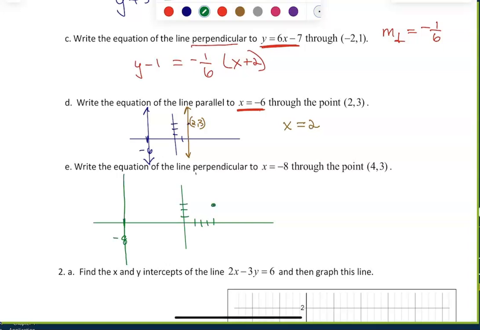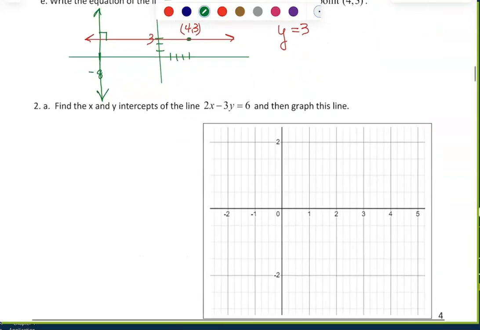Okay, if it's going to be perpendicular and not parallel, it's going to look like this. So if this point is (4, 3), by sketching it out, I see my answer is the line y equals 3. Okay, because this is where the 3 is, and that's certainly going to hit the green line, the first line I drew, in a fashion that will form a right angle, which is what makes it perpendicular.